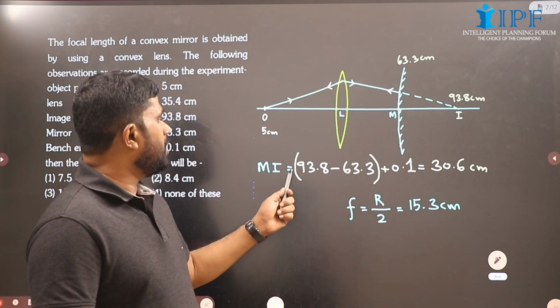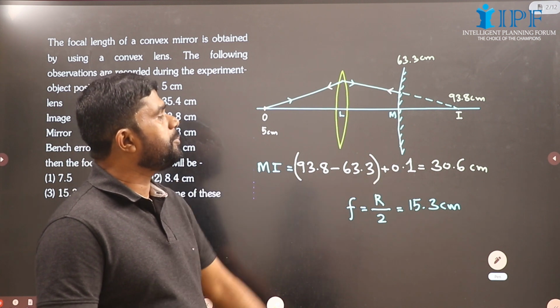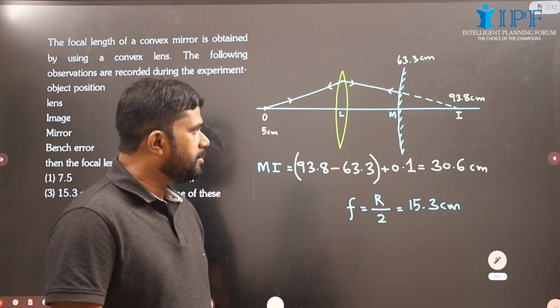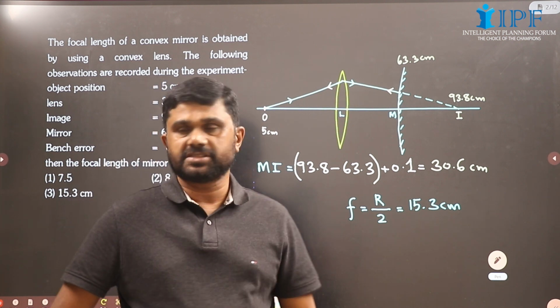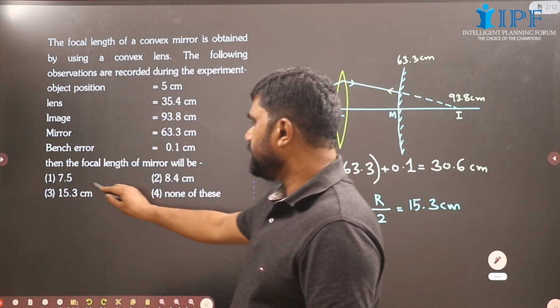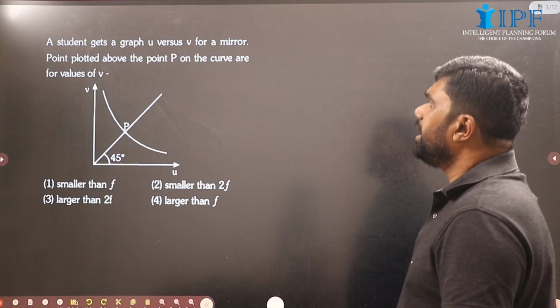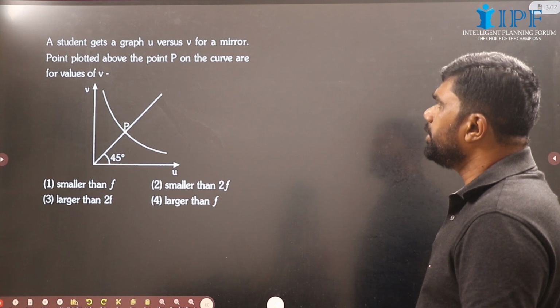Okay, so we will get 30.6 centimeter, and the focal length is half of it. That will be 15.3 centimeter. 15.3 centimeter, this one.